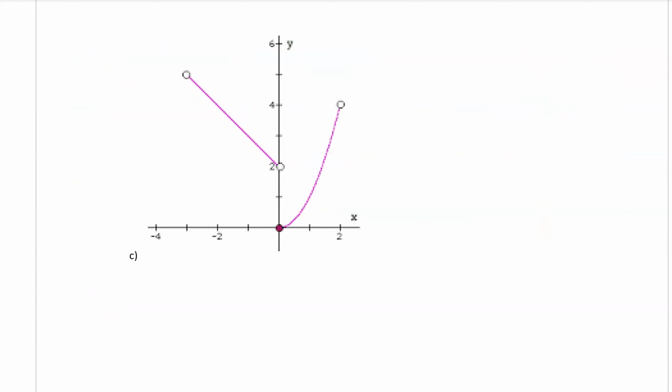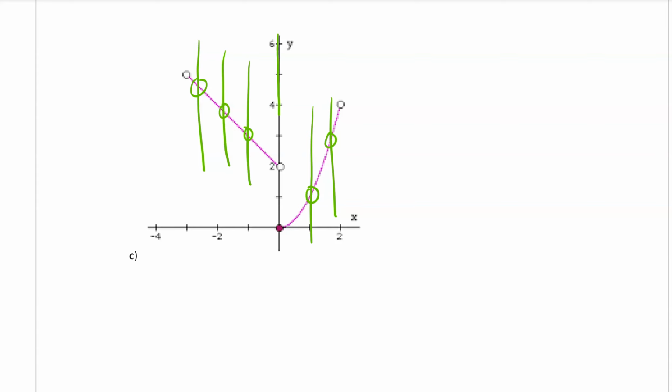We have another graph here in part C, and it's kind of split up into two components, but still, if I draw several vertical lines, it's only going to cross our graph at one location. Now, the only area that might be in question is what we see on the y-axis.